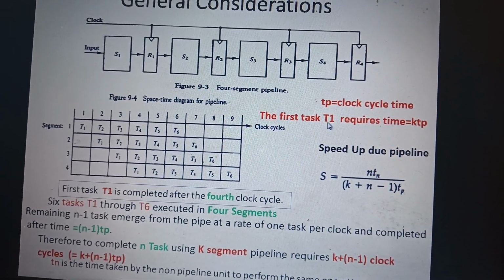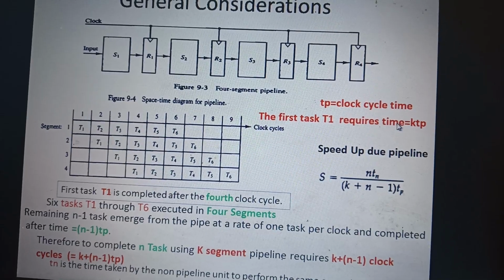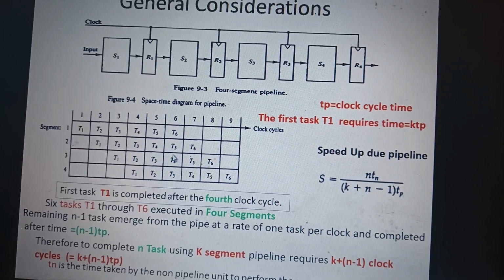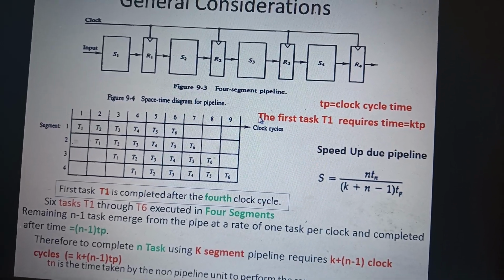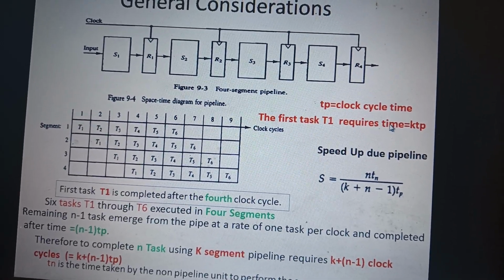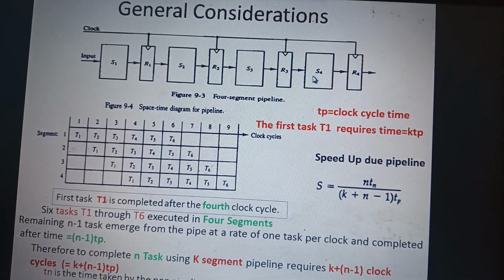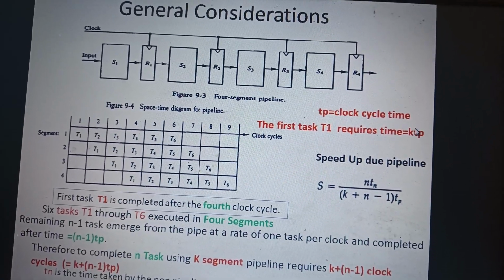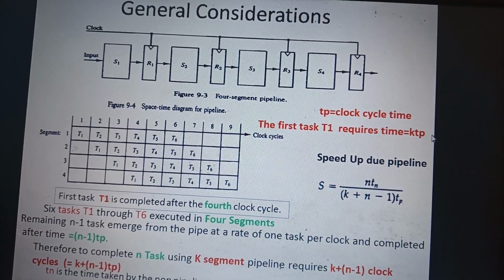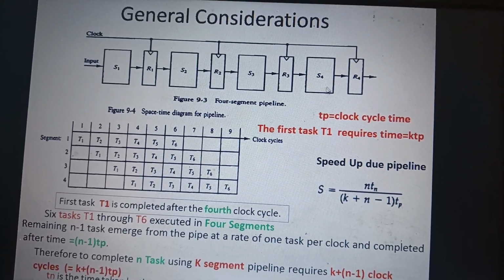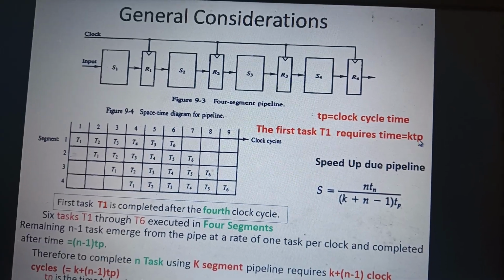The first task T1 requires time K into TP. So forget about this part, this we'll talk about later. Okay, so now the first task T1 requires time K TP, means here we have said 4, so that's the reason 4 clock cycles. This TP you consider as a clock cycle. So if you have 6 segments, then it is 6 clock cycles.